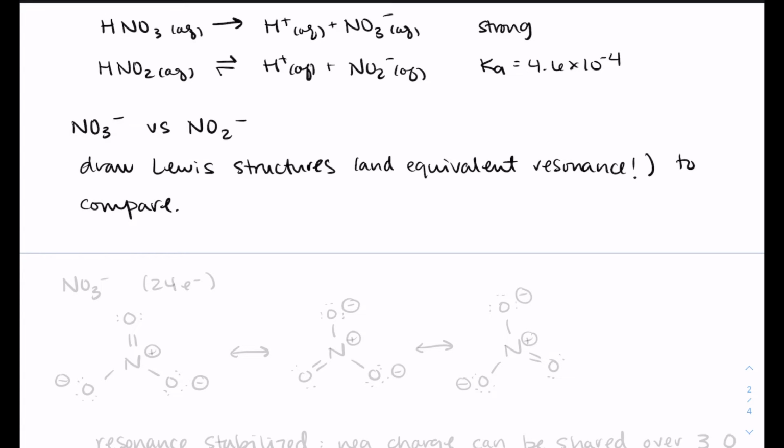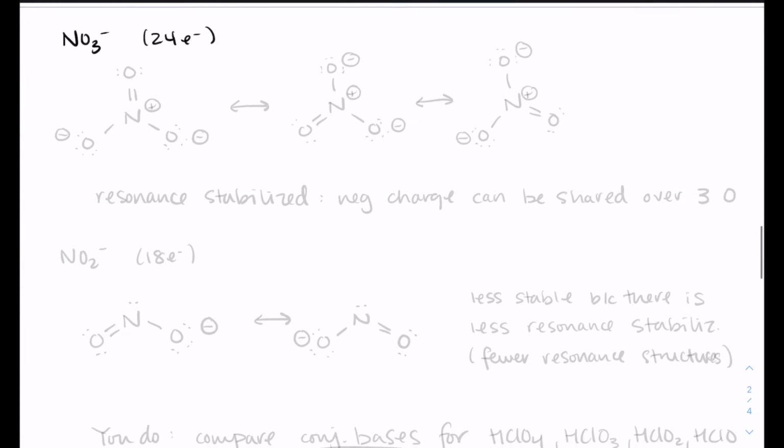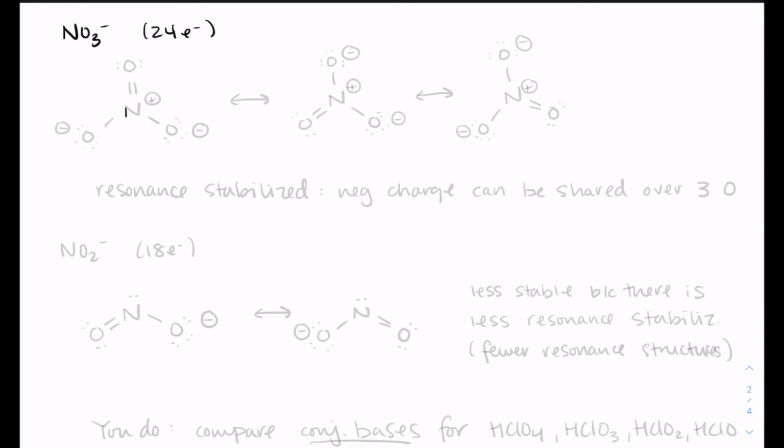For NO3 minus, so 24 electrons, the best Lewis structure that you can come up with has nitrogen in the middle with a positive charge, a double bond to one oxygen, and single bonds to the other two oxygens. Single bonded oxygens have negatives. So it doesn't look great, but because you can't expand the octet for nitrogen, this is really the best that we can do.